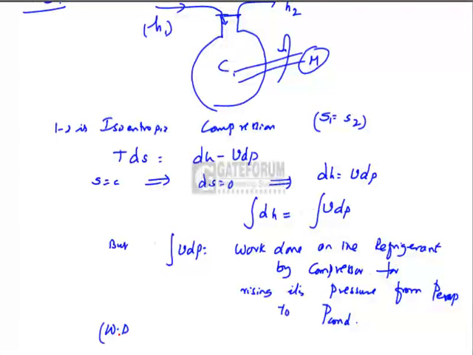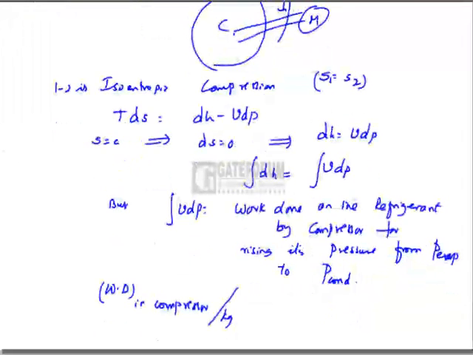Therefore, work done in compressor per kg is equal to H2 minus H1 kilojoule per kg.